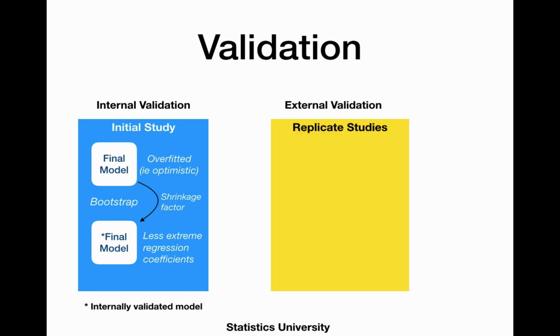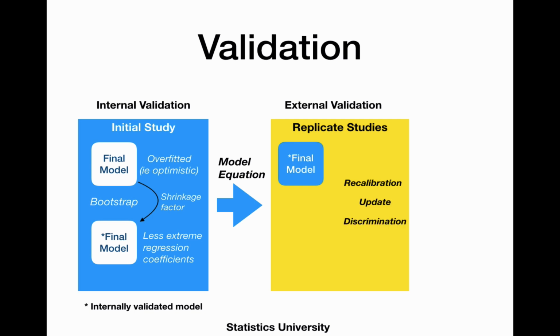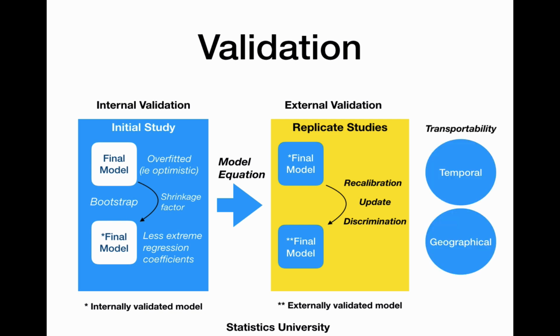External validation is performed in replication studies, where we use the model equation of this final model, but we recalibrate it, update it, and check discrimination again, and then we come up with an updated final model that is externally validated.